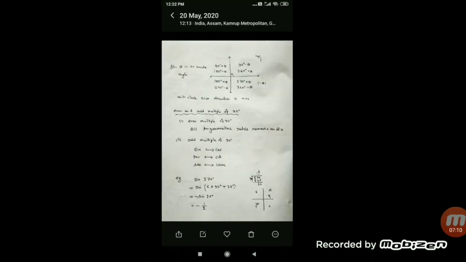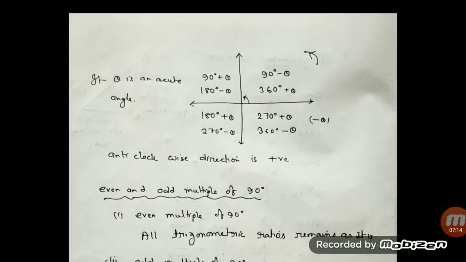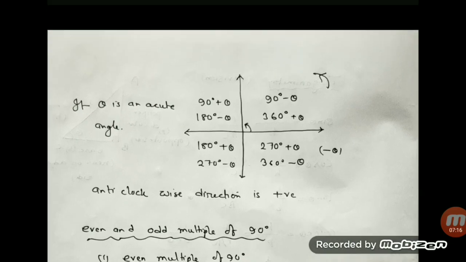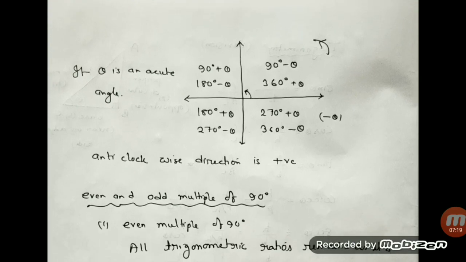Okay, now you see, let me go to the next one. Here I want to tell you what are the different angles in the different quadrants we will have. So if I take theta as an acute angle, let us consider theta as an acute angle. Hope you remember what is an acute angle? Less than 90 degree.